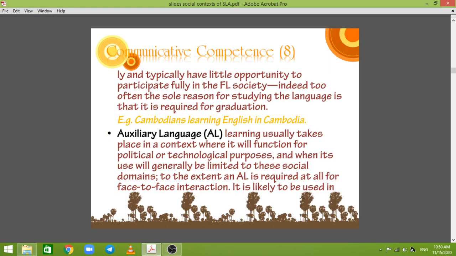Auxiliary language, AL. Auxiliary language, or AL, learning usually takes place in a context where it will function for the purpose of, for example, phonetic or technology.